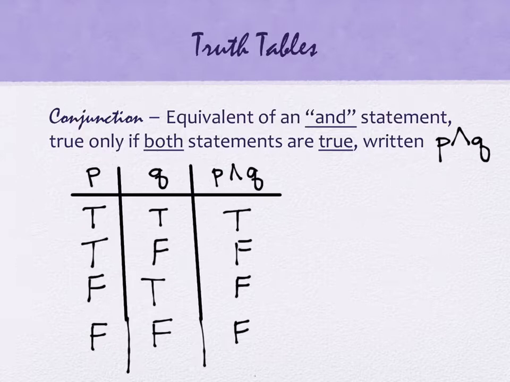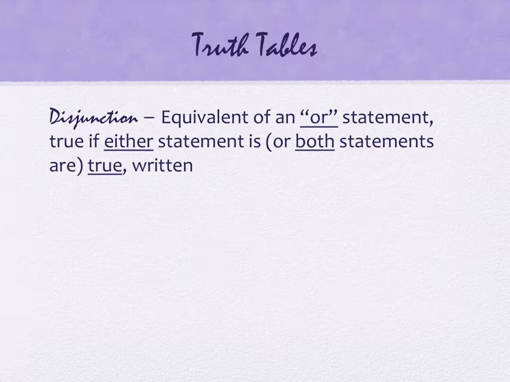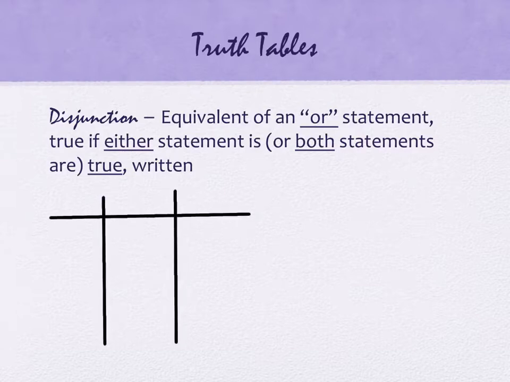The second one is called a disjunction. A disjunction is an or statement. And an or statement is true if either of the individual statements are true. It may sound weird, but it's technically true. So again, same kind of a truth table. We've got column P, column Q. And what I told you a minute ago is that the first two columns are always the same.